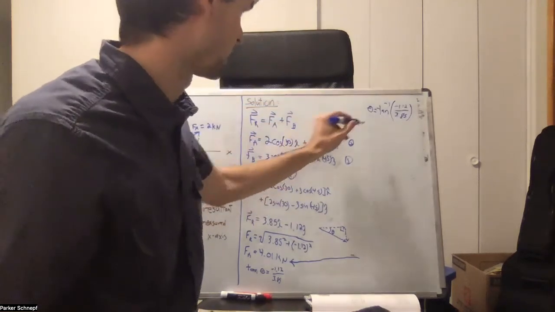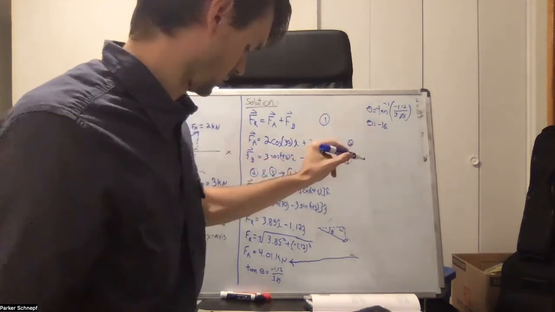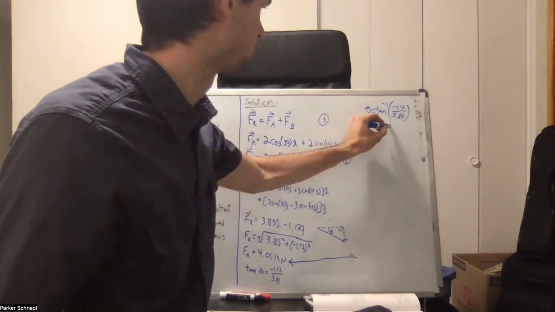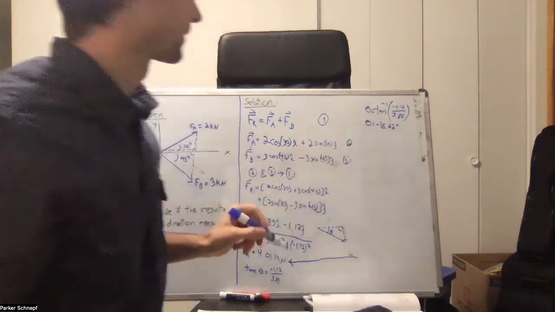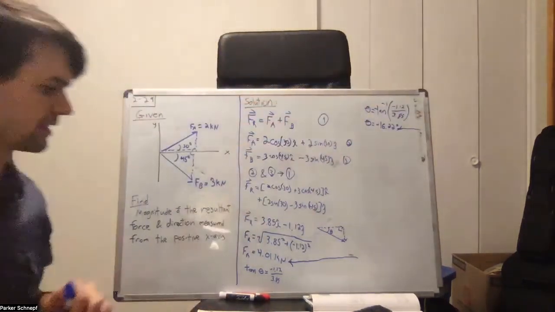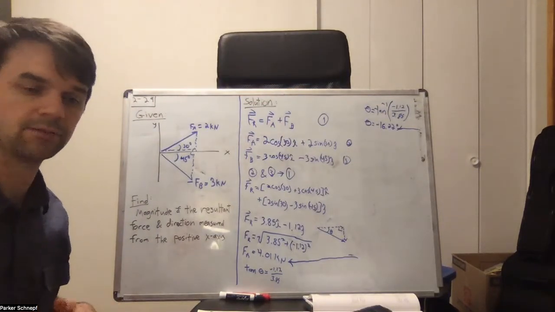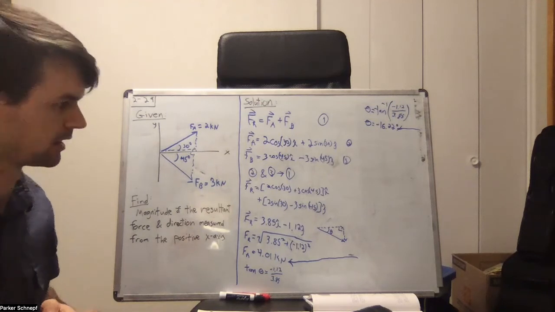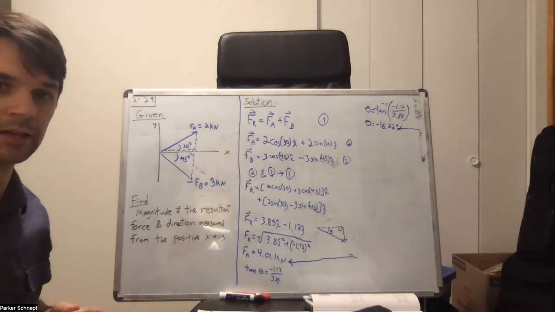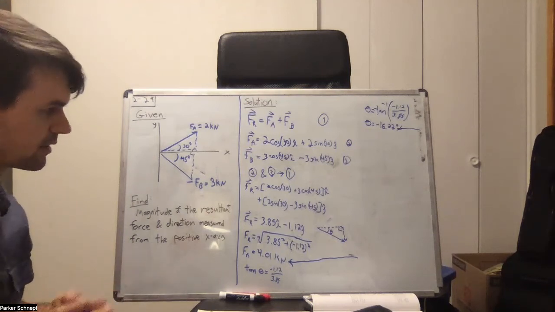And when I evaluate that, I end up getting that theta equals negative 16.22 degrees. And that would be my other final answer. So that's how you can go about solving any given 2D force addition type problem. You'll see a lot of different variations of this sort of problem in the homework, but that's the general idea of it.